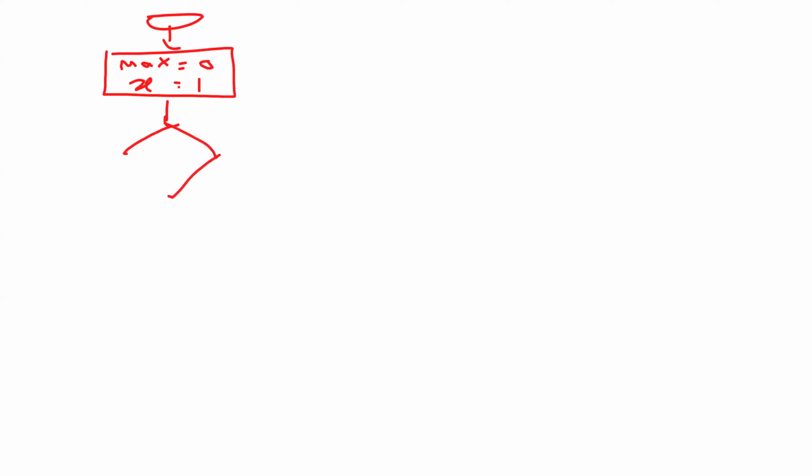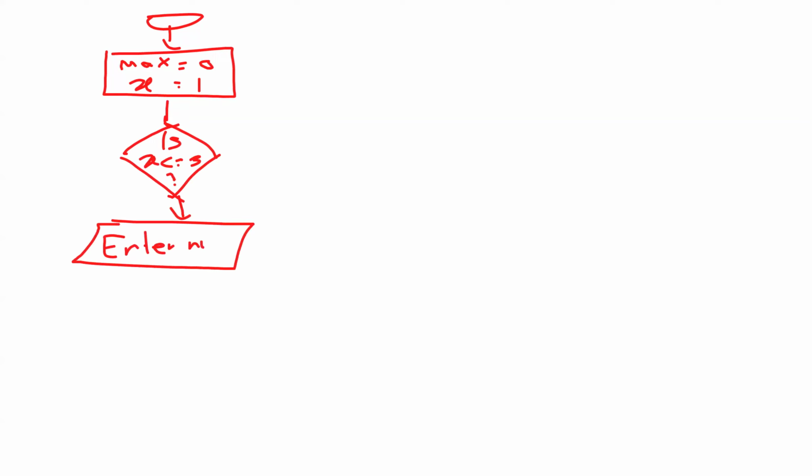Now, is x less than or equal 3? Or you can say it's less than 4. That is also correct. And then enter num, only one variable. Now you don't know whether it is 50 or 60 or anything.